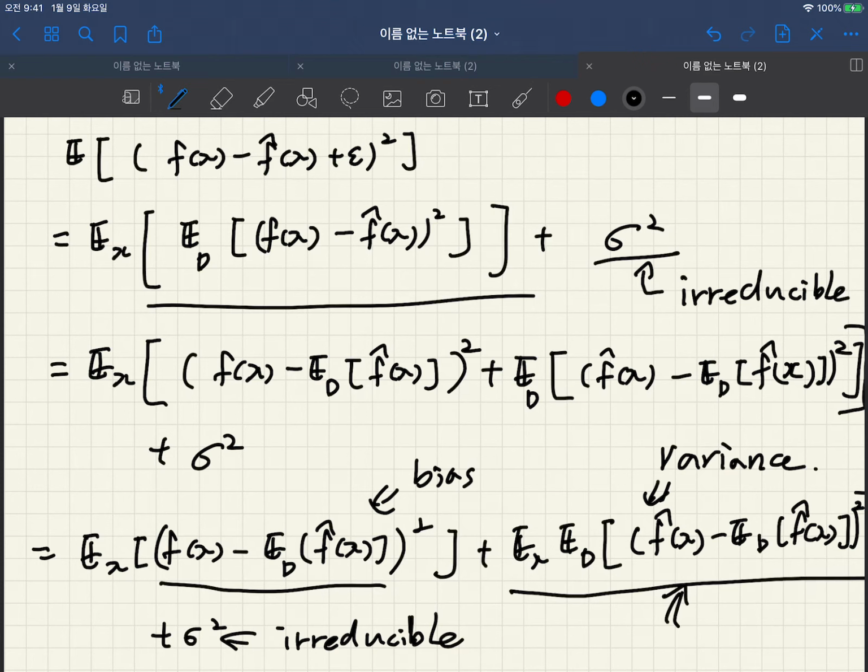On the other hand, this part is variance. If you have a huge number of degrees of freedom, then your model is too sensitive to your training data points. So when you change a very tiny amount of training data, you can change f hat a lot. So maybe you can observe a huge variance over almost the whole x range.